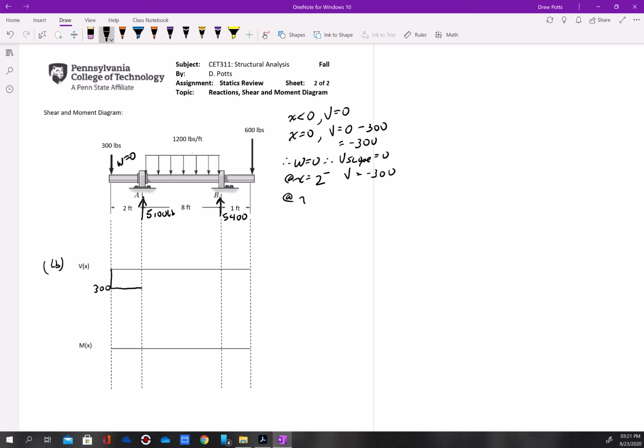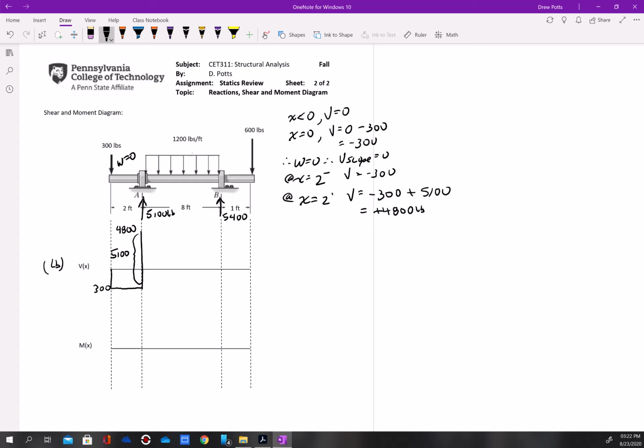Now at x equals 2 feet exactly, we have V equals minus 300 plus 5,100, which equals a positive 4,800 pounds. Right, so it jumps up to 4,800 pounds. The change in the shear value is 5,100 pounds.